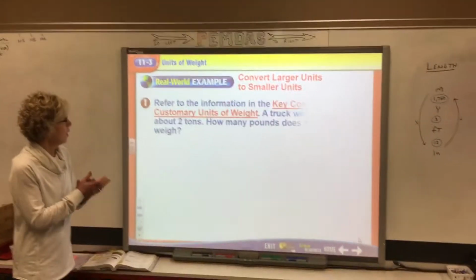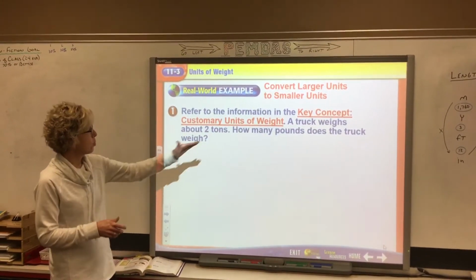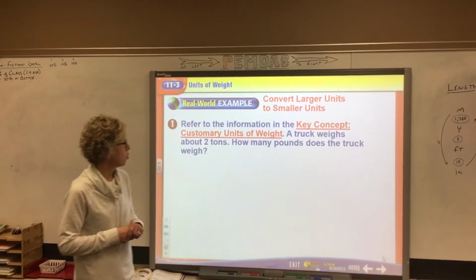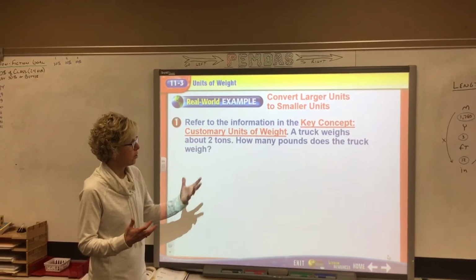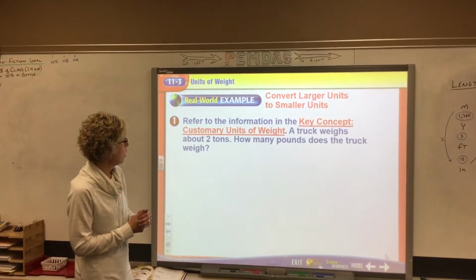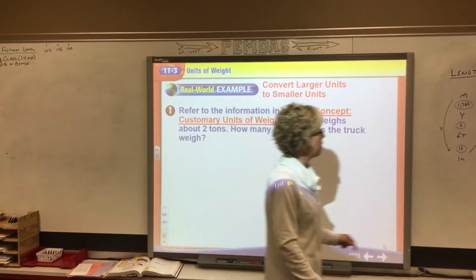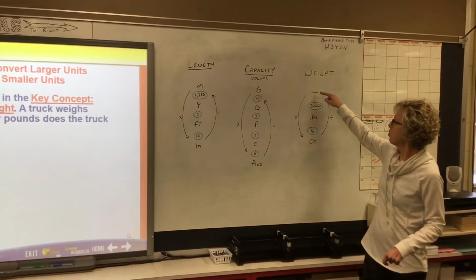All right. So, for example, if we had a truck that weighs about 2 tons, how many pounds does the truck weigh? Well, we know that 1 ton is equivalent to 2,000 pounds. We've got 2 tons, and in this case we're going from larger to smaller, so we know we multiply.